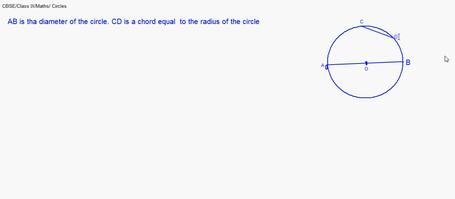The next step says AC and BD, when extended, intersect at a point E. So now let us extend AC and BD.